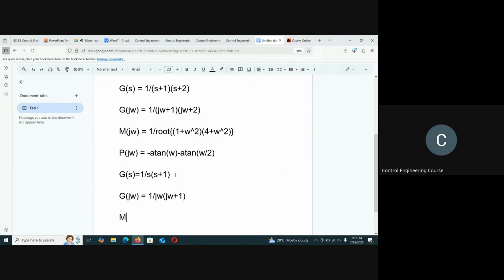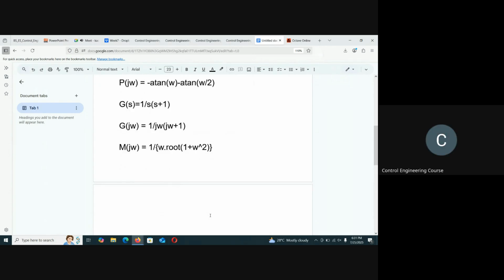So what is the magnitude? 1 by omega times 1 by root of 1 plus omega square.